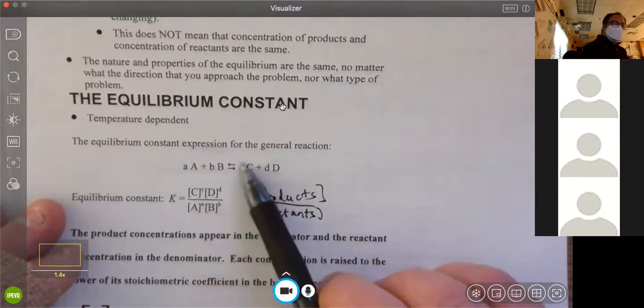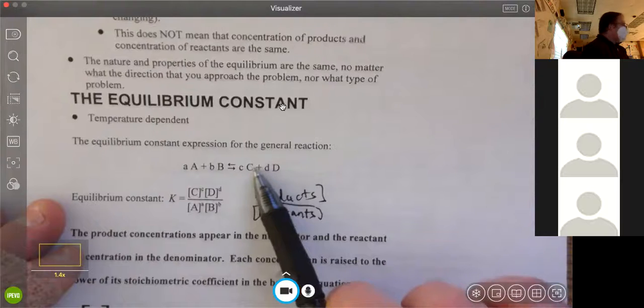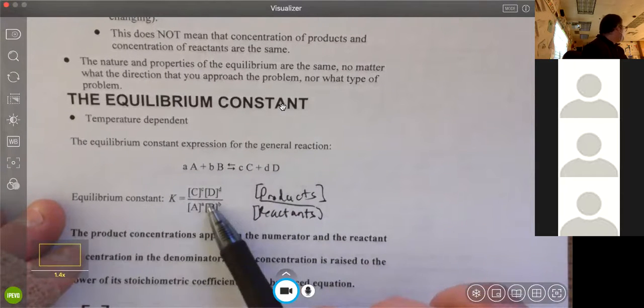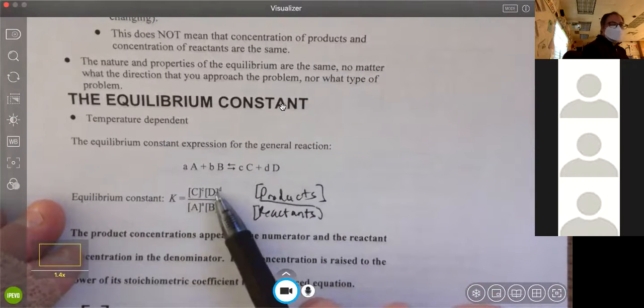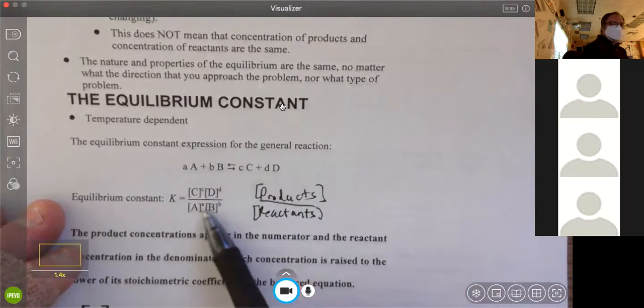We have a forward and reverse reaction, right? So if we take a look, remember the elementary rate laws, we take the coefficient and we turn that into the superscript. We take it to the power of that. So we break that down and we put that on top and we compare that to the reactants, which we put on bottom.